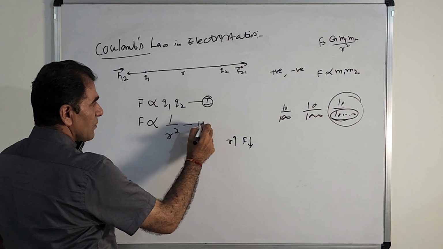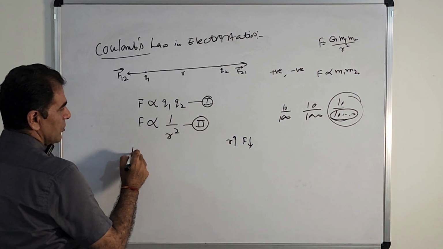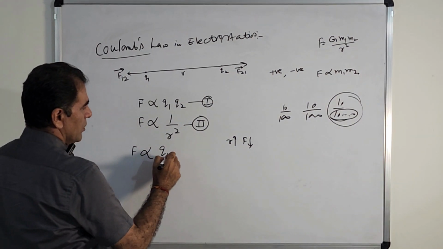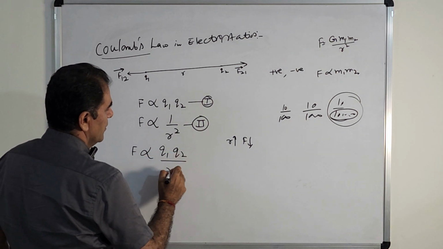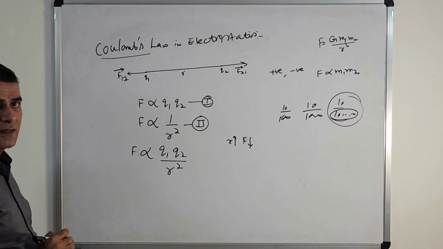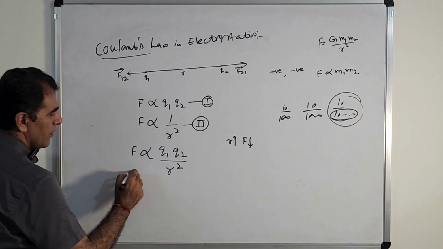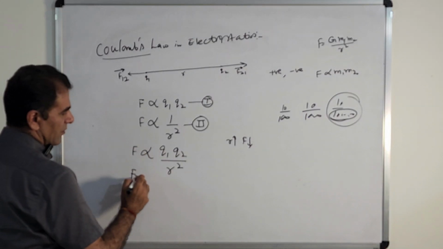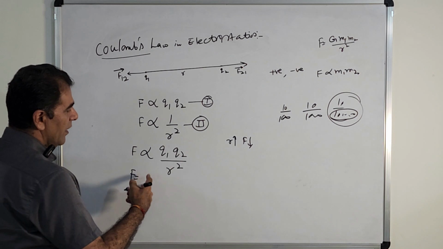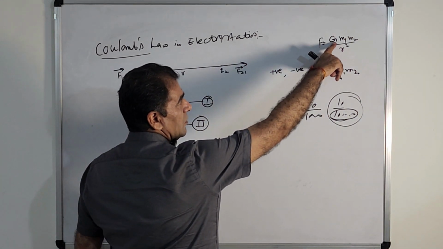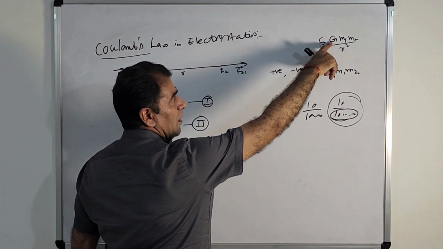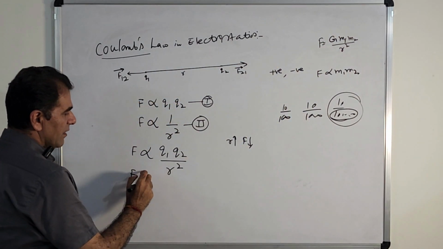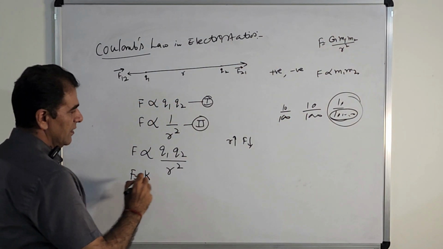Now, we just combine these two. So F is proportional to Q1 Q2 upon R square, right? If we remove this sign, we put equals to, and in this we took in Newton's law of gravitation capital G as a constant. Here we will take capital K as a constant.